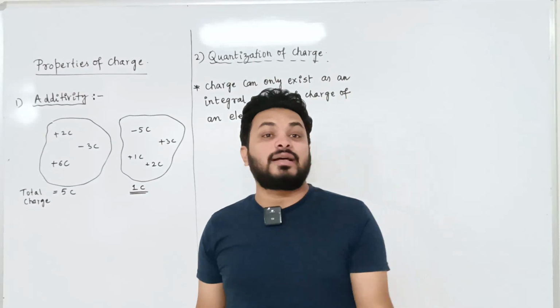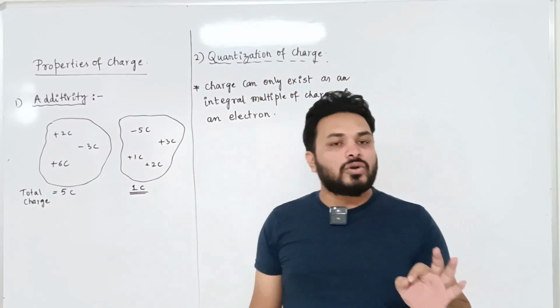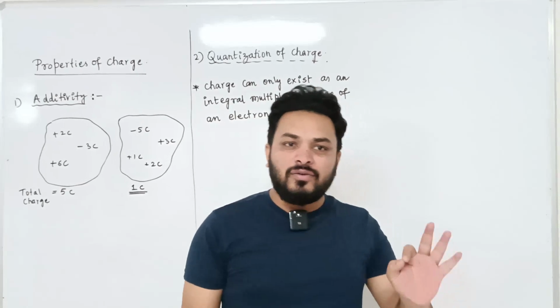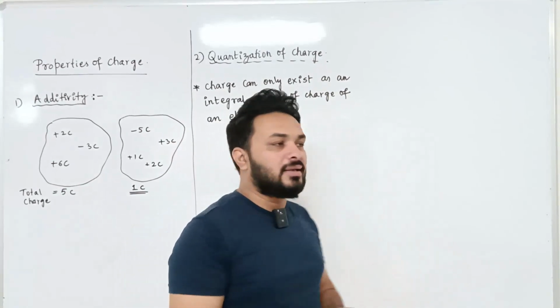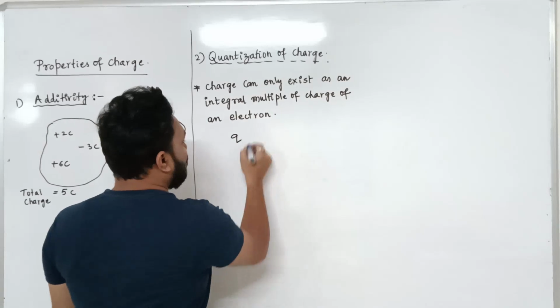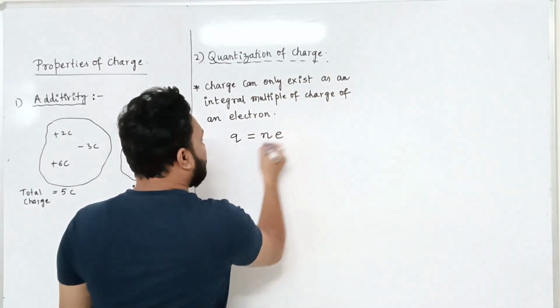It will never transfer like this. Got it? Electrons can be transferred from one body to another as 1 electron, 3 electrons, 6 electrons, 8 electrons, like this. Understood? So the charge can exist only as an integral multiple of the charge of an electron.